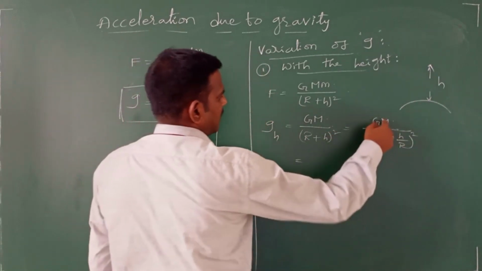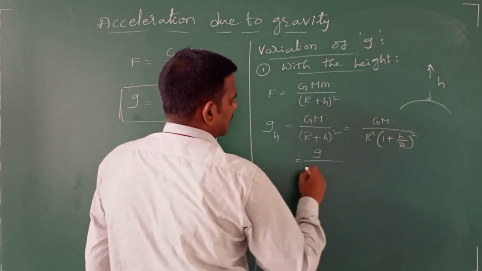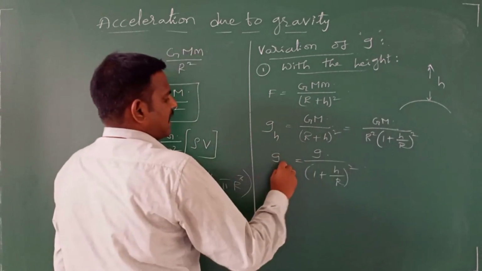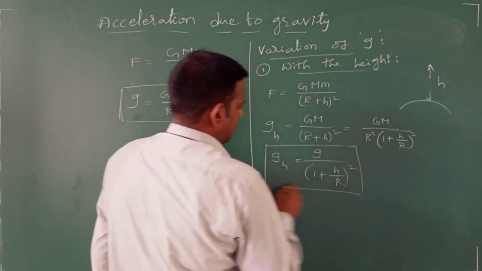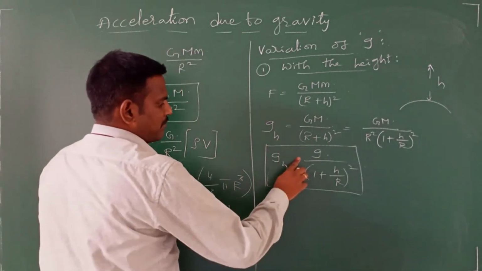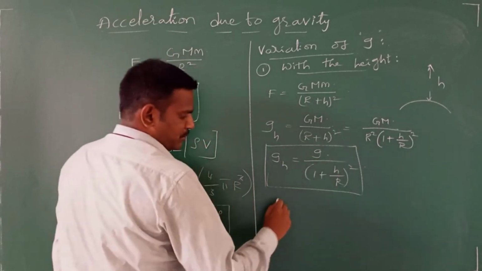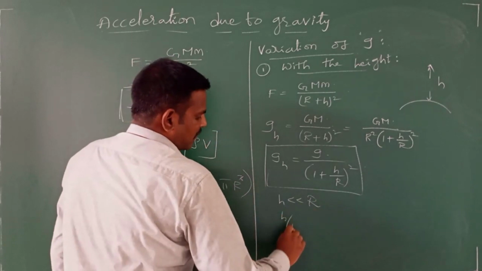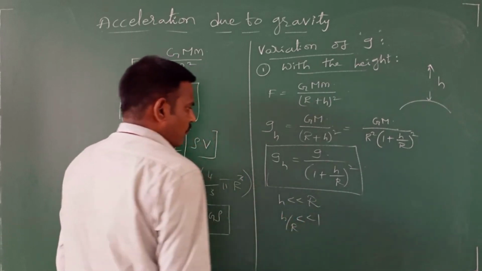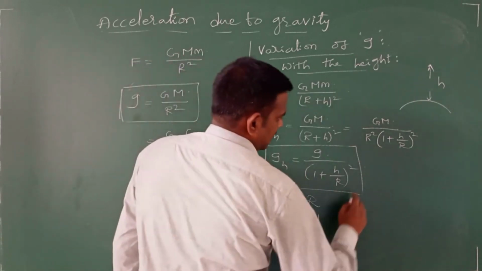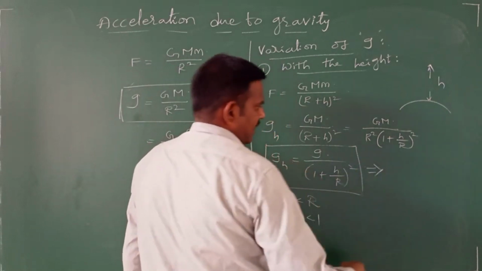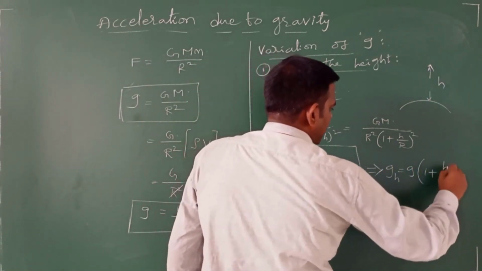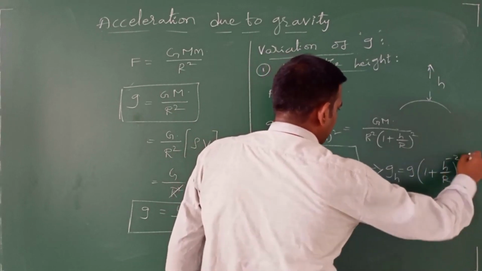So now this will be nothing but the acceleration due to gravity on the earth's surface, g, times 1 plus h by r whole square. This is the acceleration due to gravity at the height h. And this can be simplified like this. Let us suppose h is very much less than r, and then h by r will be very much less than 1. If that is the case, this formula can be modified like this: gh equal to g times 1 plus h by r whole power minus 2.